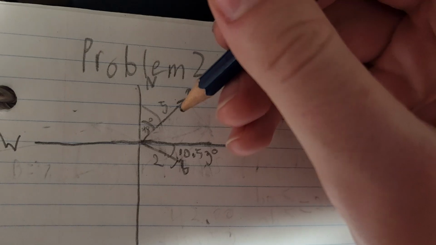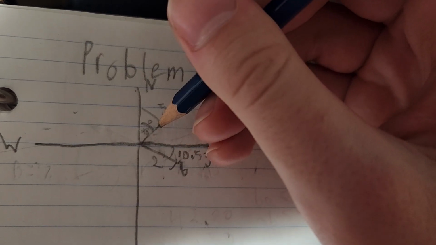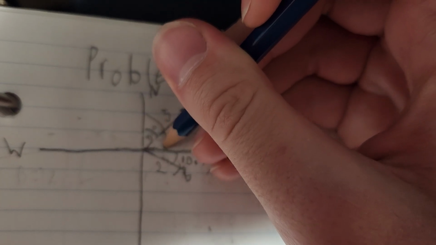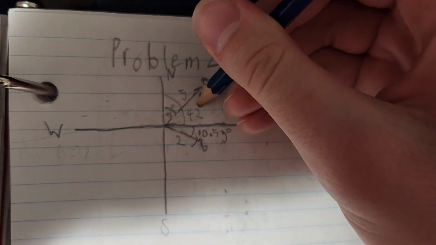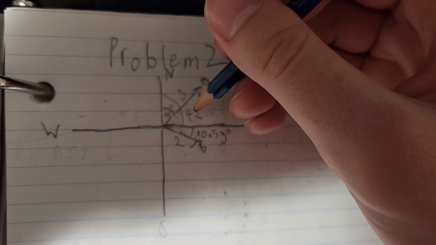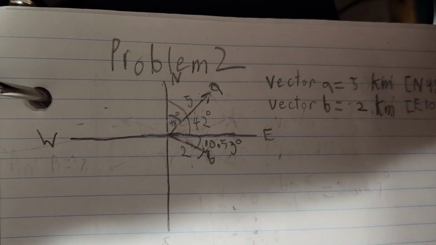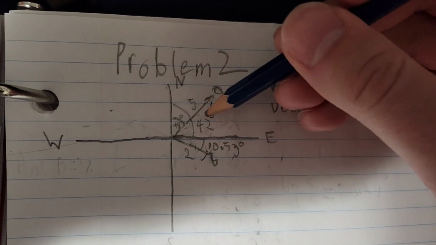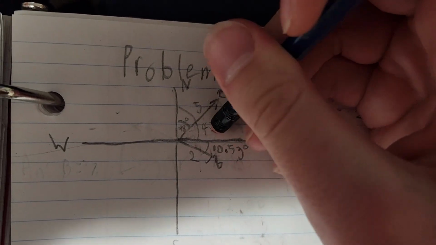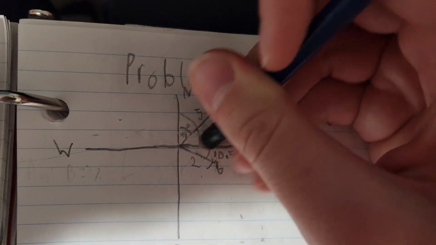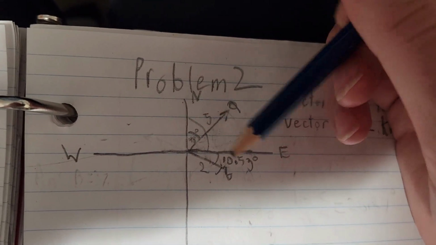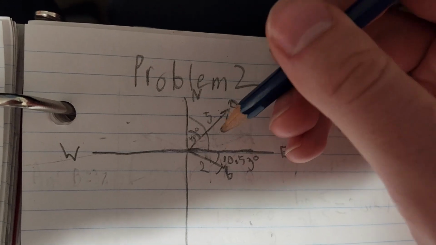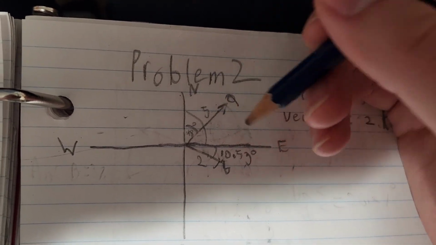So now we have, in here, just a reminder, this is 42 degrees. That's 48 plus 42 is 90. So that is 42. I'm just reminding you what that actually is, so that way you don't be like, what is this? What is that? It's 42.